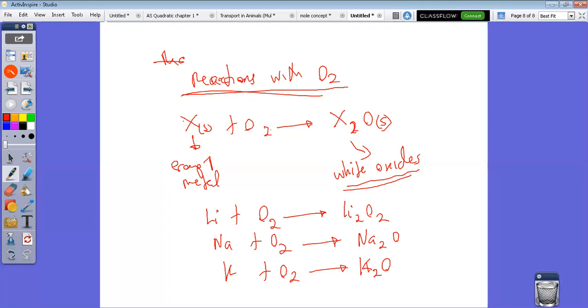Doesn't it catch fire? Look at water: we said the reaction was steady. What about oxygen now? It's a slow reaction. So you can summarize that lithium reacts slowly with oxygen.